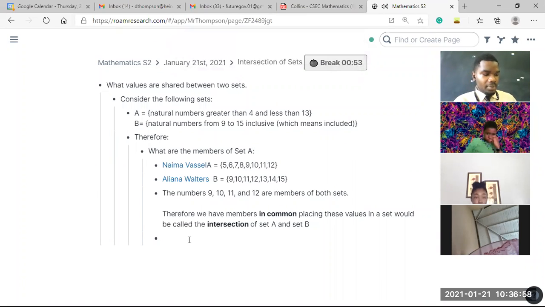Let's now look at a picture to explain what we mean. Let me just take a picture of the book for you quickly.